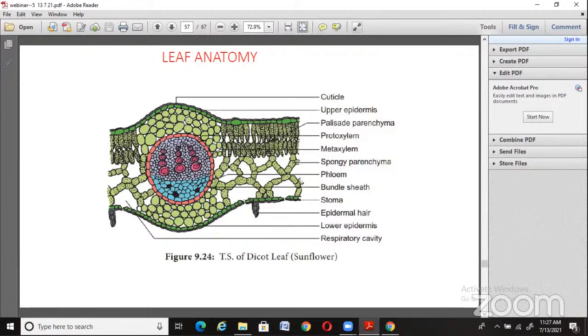RuBP carboxylase is not active under this high temperature and high oxygen concentration. So this is a hurdle for the plant.